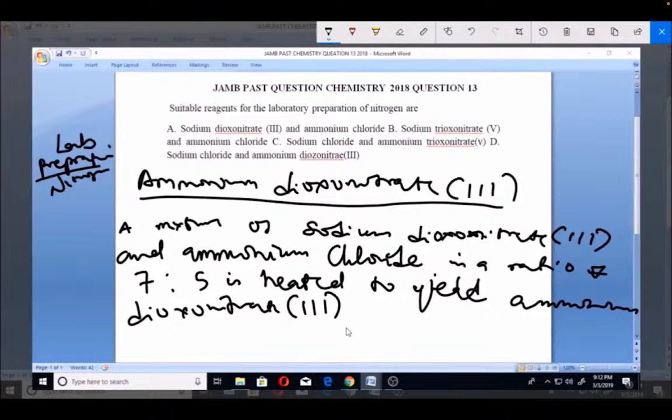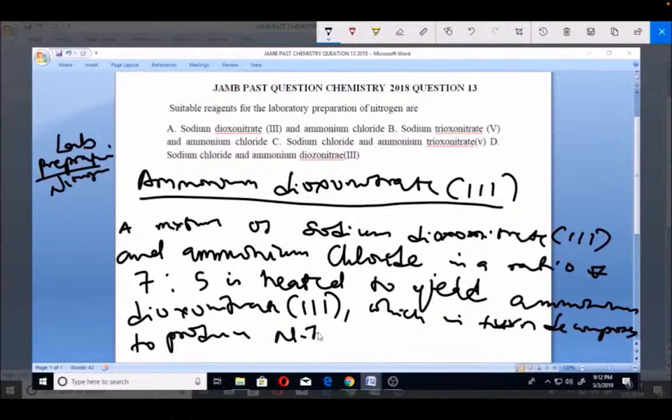This ammonium dioxynitrate 3 produces nitrogen and steam.